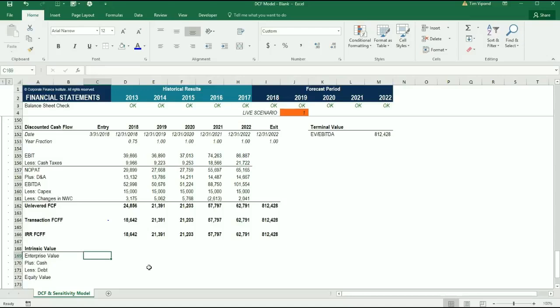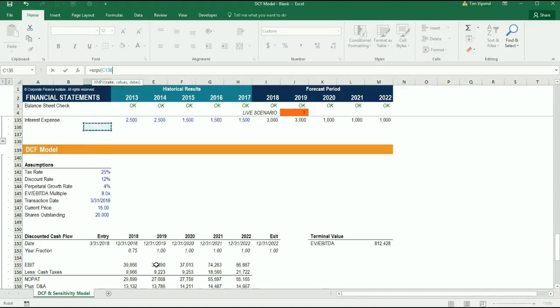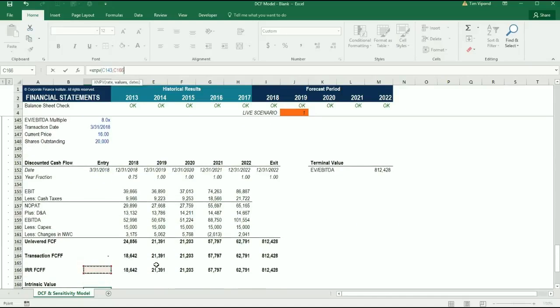So this formula right here is going to be equal to XNPV, which we've covered in other courses, but as a refresher, the XNPV applies specific dates to cash flows, so it is a far superior form of discounting than regular NPV. The discount rate, which we've set up here at 12%, is the weighted average cost of capital, and then the corresponding cash flows and dates for this transaction.